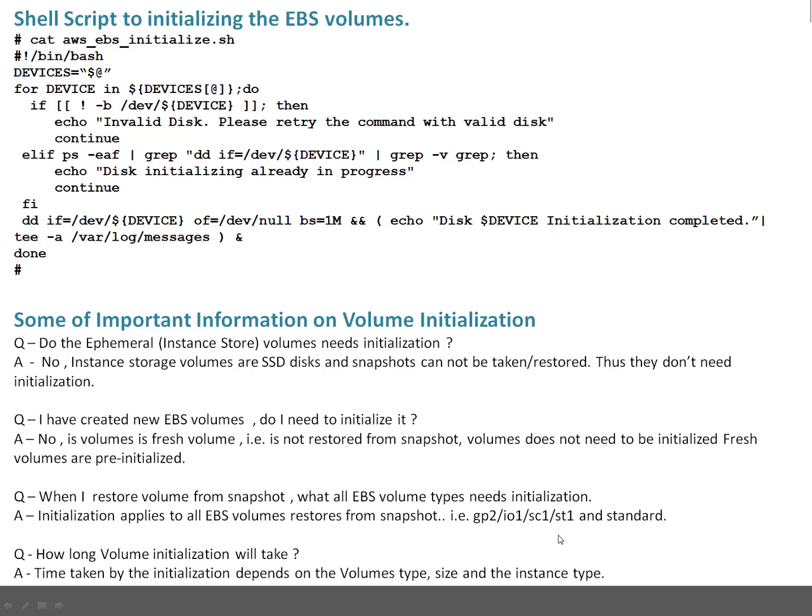Next thing, how long will volume initialization take? The time taken by initialization depends upon the volume type, its size and the instance type. Because when you have EBS optimized instances, you will get better EBS performance because there is a separate network channel for EBS communication or EBS connectivity. So that depends upon your instance type.